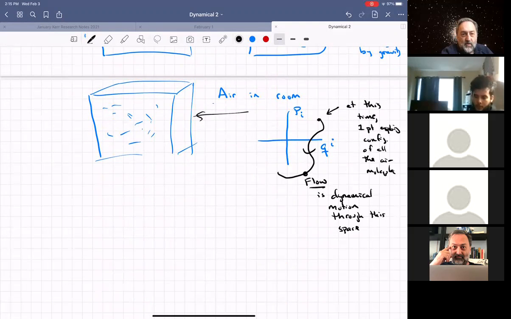And then the Hamiltonian dynamics will represent a flow, and the system is unlikely to remain there for all time. It's likely to move to some new position. But that new position is dynamically determined by the Hamiltonian of the system. Understood? Good?